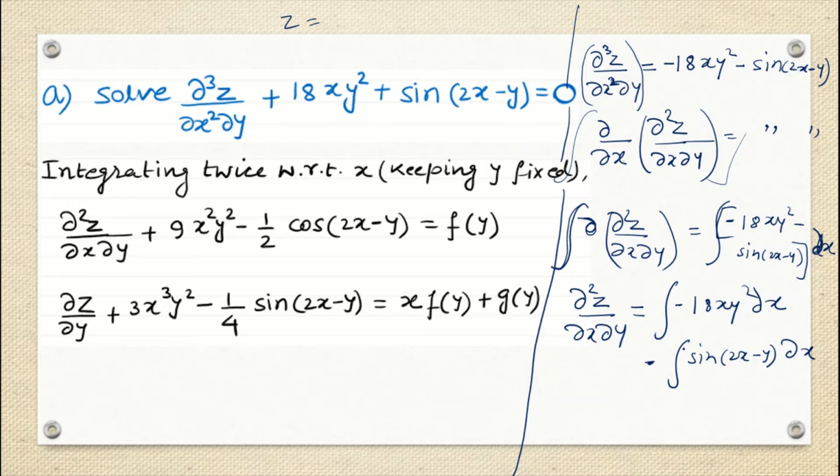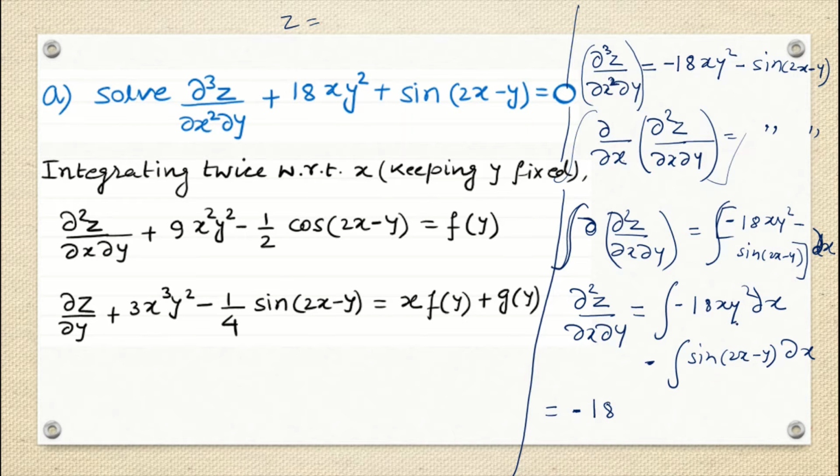So the right hand side is what? Minus 18. If I'm integrating with respect to x, that means I'm keeping y as constant, correct? Because if I am integrating with respect to x, I'm treating y as constant.